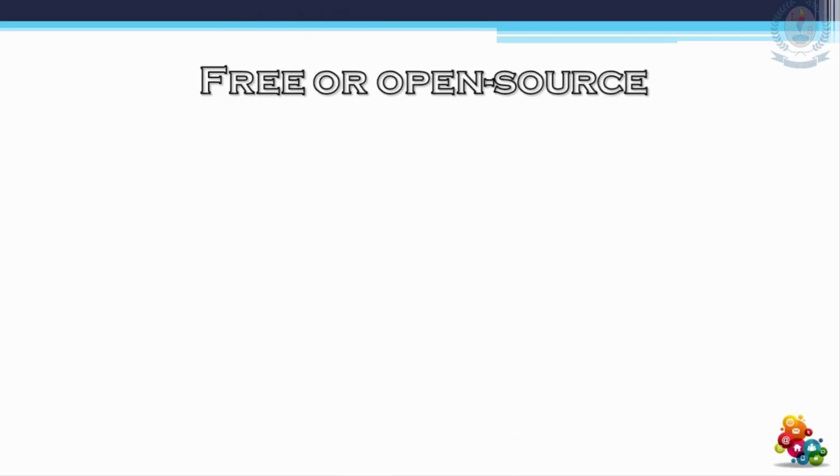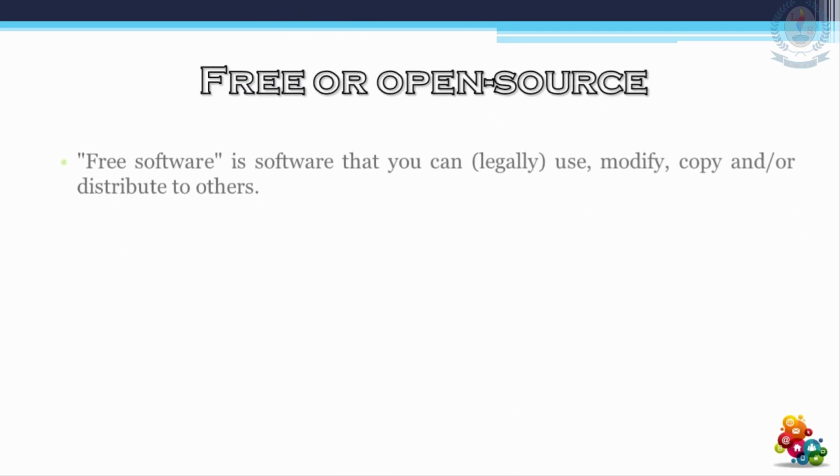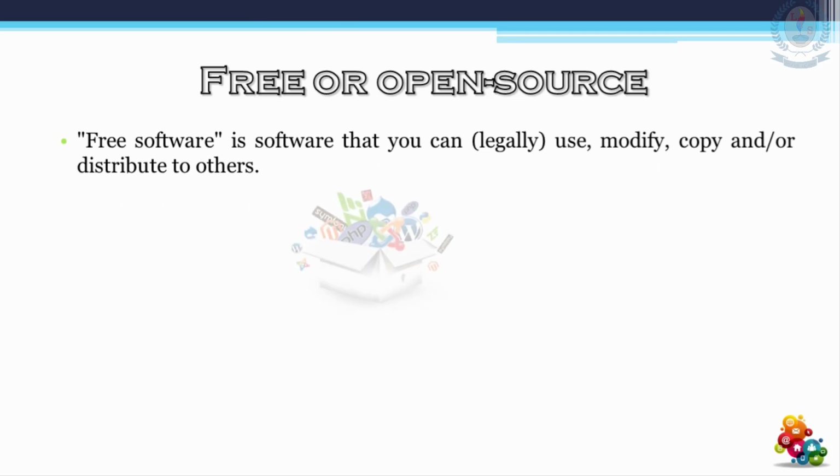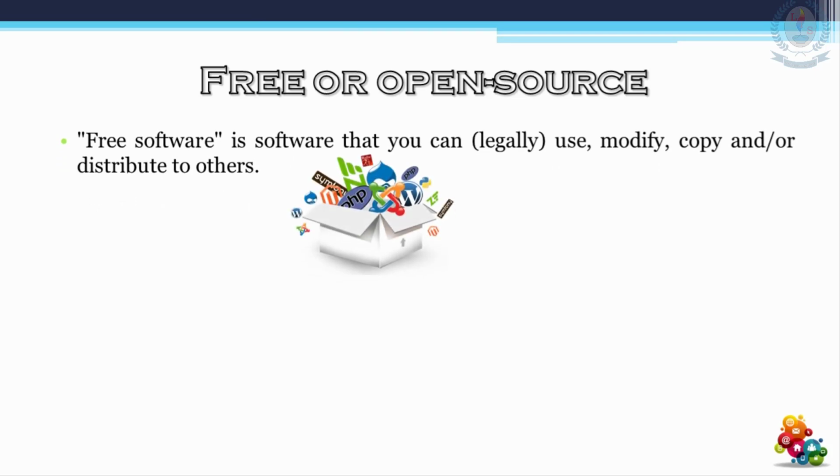Let's see free and open source softwares. Free software is software that can be freely used, modified and redistributed with only one restriction. Any redistributed version of the software must be distributed with the original terms of free use, modification and distribution.